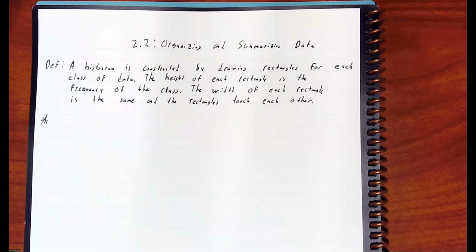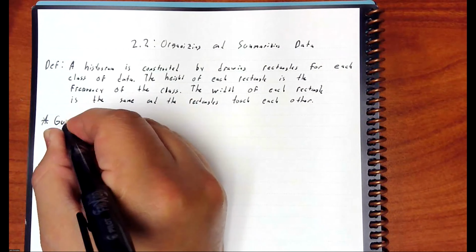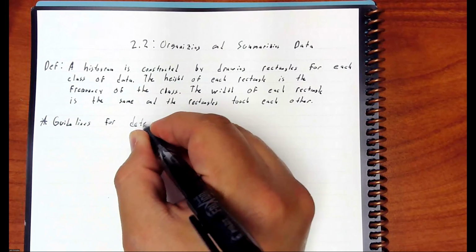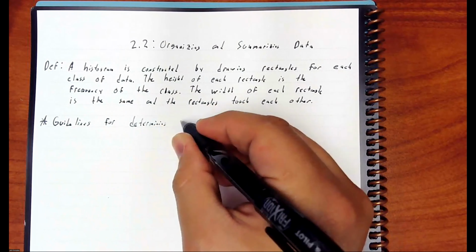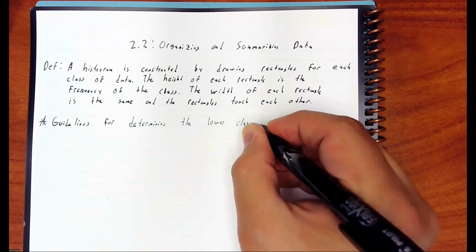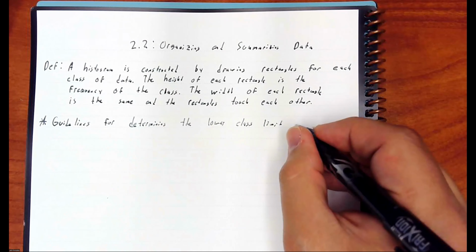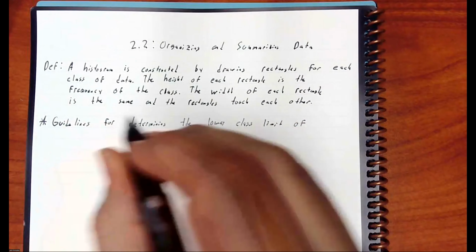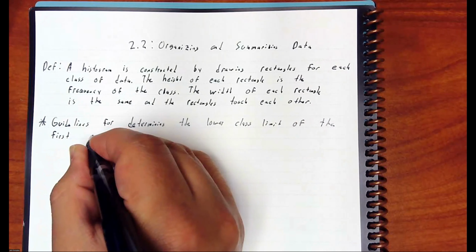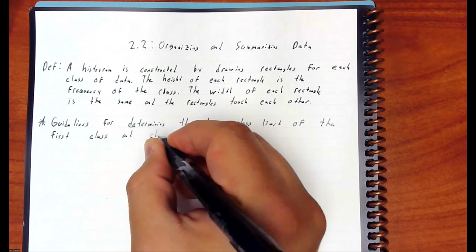All right. So here are guidelines for determining the lower class limit of the first class and class width.